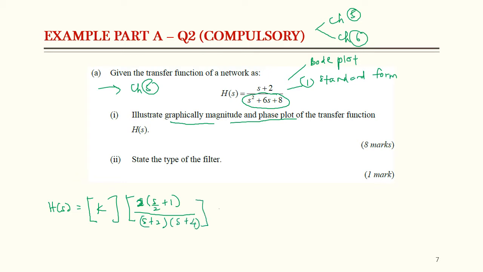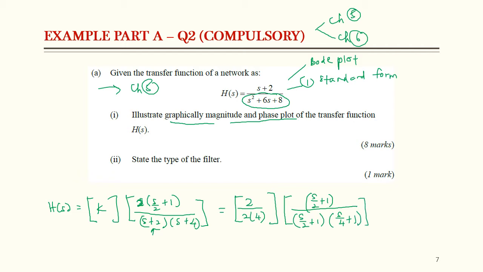And then complete the standard form. So you have constant 2 on top, and on the other side S over 2 plus 1, and at the bottom you have 2 components: S over 2 plus 1, and another one, S over 4 plus 1. So this is in standard form.